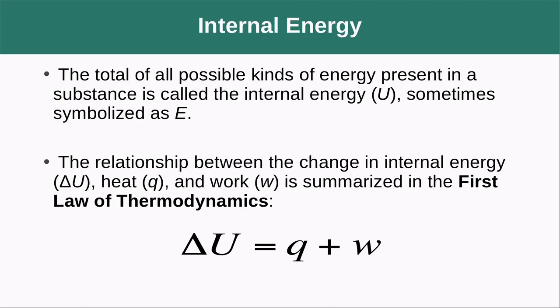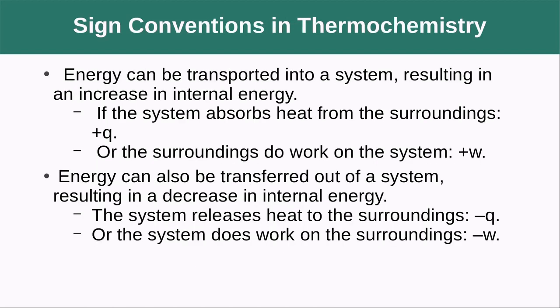And for that, we have this relationship between the change of the internal energy of a substance and the heat and work that are either added to it or removed from it. And this is what is called the first law of thermodynamics. So we have a sign convention that we need to follow. Energy can be transported into the system, resulting in an increase in internal energy.